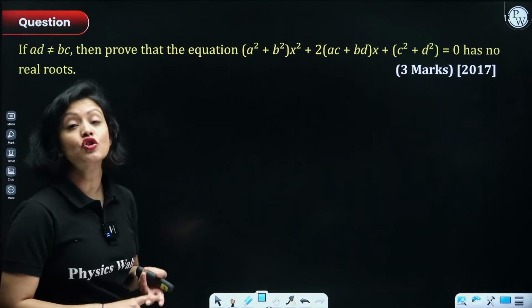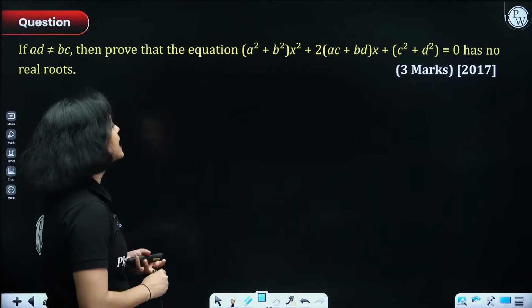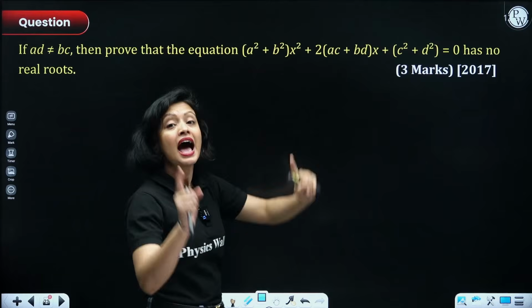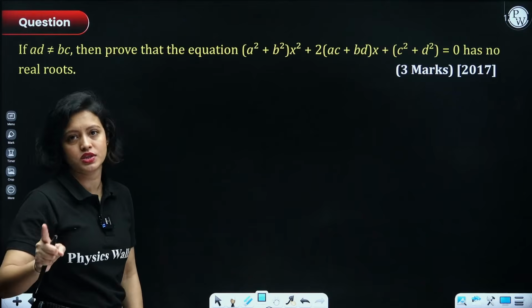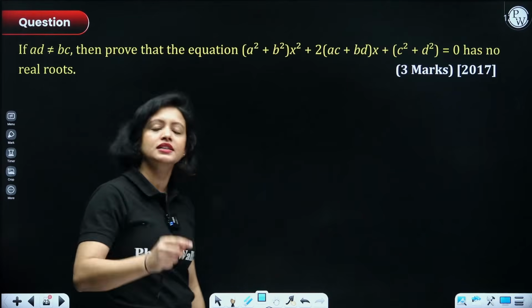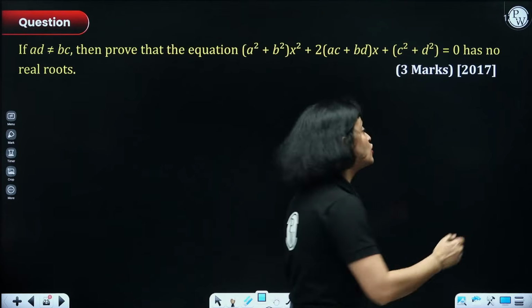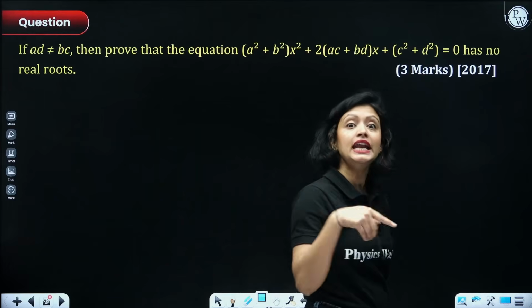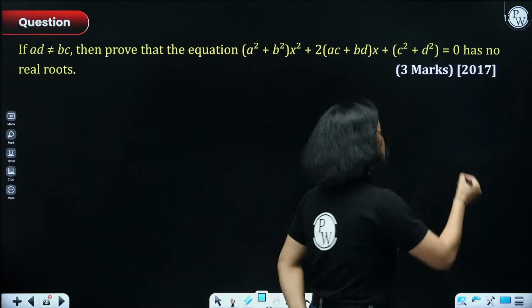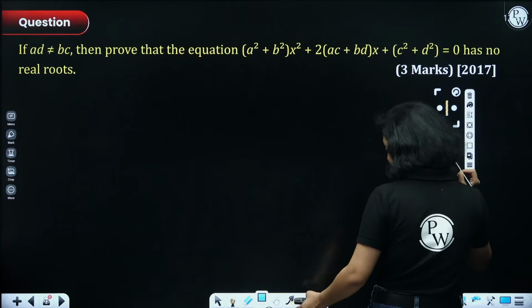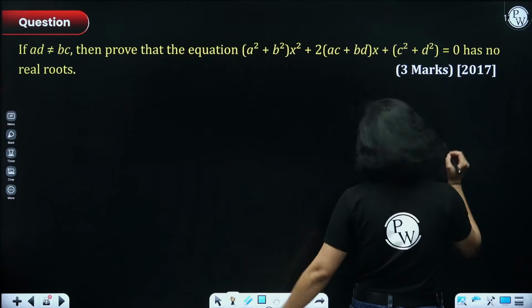If AD is not equal to BC, we have to prove that this equation that is given to us has no real roots. Now, I know that for no real roots, the inequality that should follow is b square minus 4ac should be less than 0.